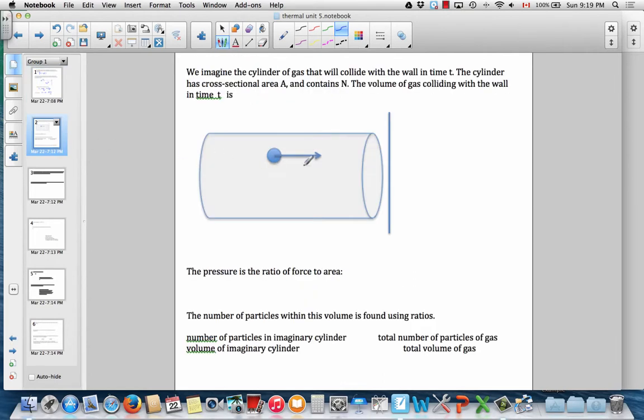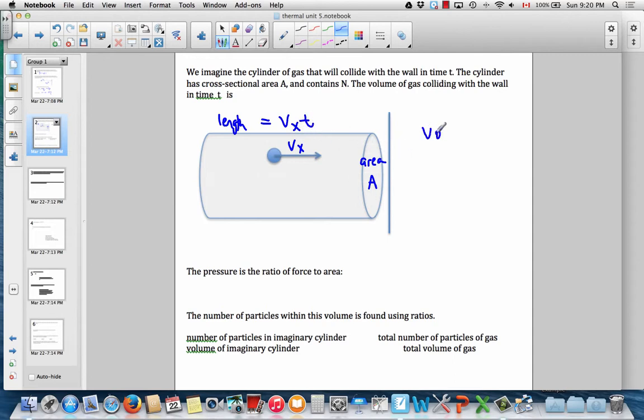Now, if we imagine a volume of gas here, there'll be a cylinder of gas that's going to collide with that wall in time t. Let's say that the cylinder has area A, and if this particle is moving at Vx, then the length of this cylinder, the atoms of gas that are going to collide with the wall in time t, is just their speed times time.